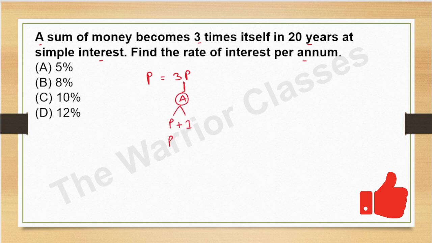So principal here is P and interest will be 2P, right? P plus 2P will be 3P. So principal value is P, interest is 2P, and time given here is 20 years, right?